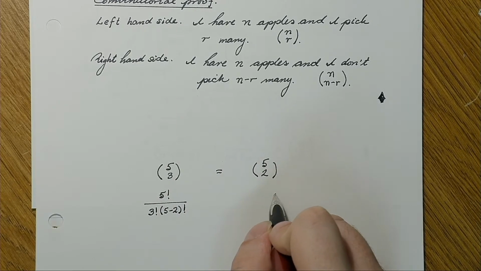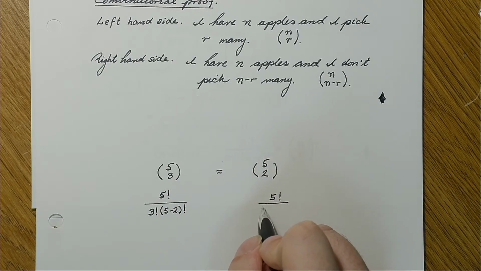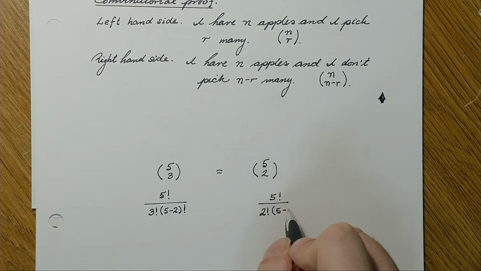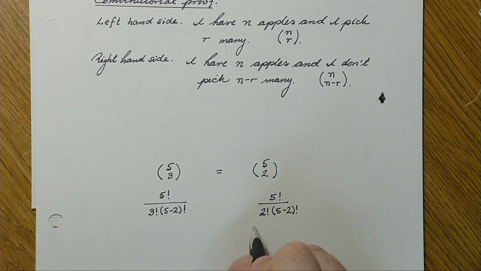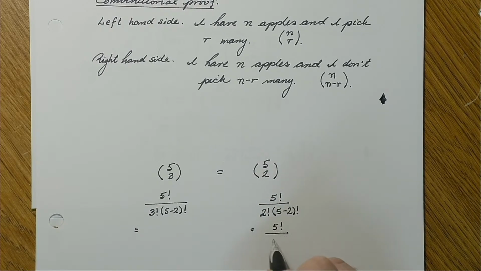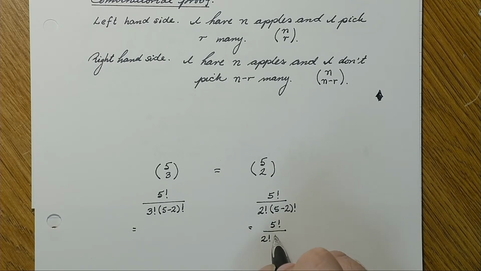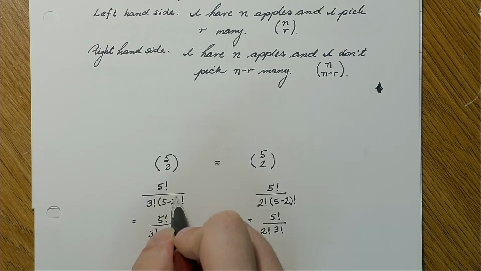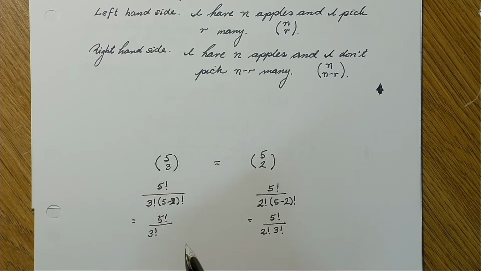And over here I have 5 factorial over 2 factorial, 5 minus 2 factorial.